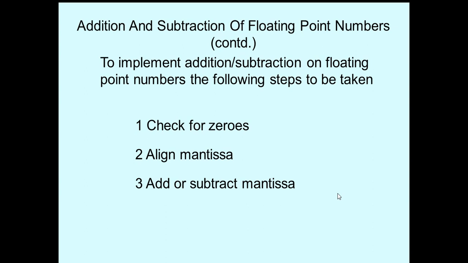Then align the mantissas. If the exponents are not equal, we have to do the alignment of the mantissas. Once the exponents are equal, we do the addition or subtraction of the mantissas. Once the operation is over, either addition or subtraction, we have to normalize the result.